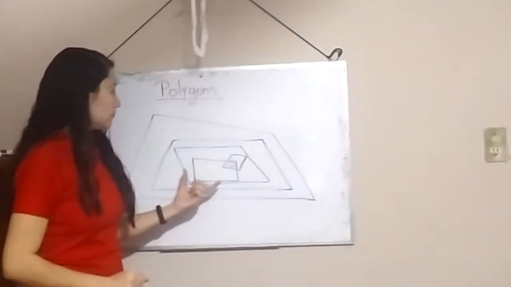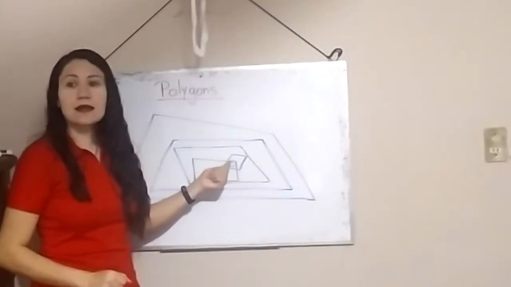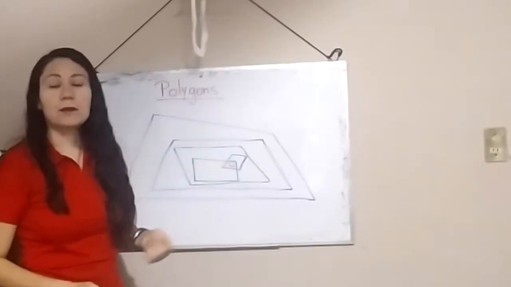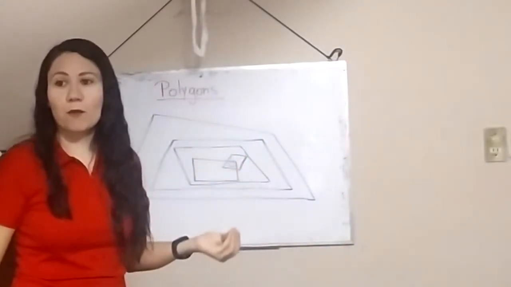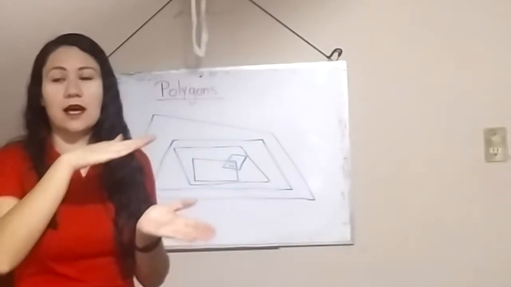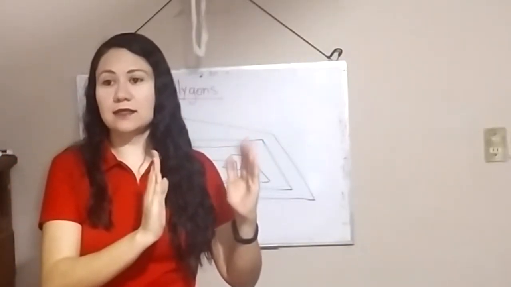Now, the square is inside of both. Why? Because it has the characteristics of both. It has the characteristics of the parallelogram because it has two pairs of parallel sides.